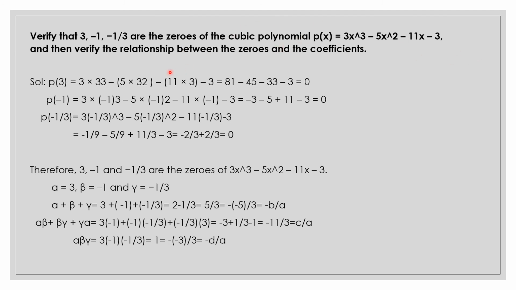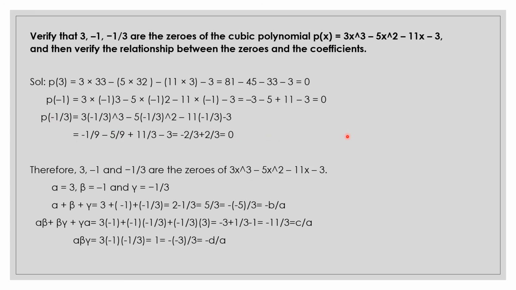We just need to substitute the given zero, that is the first zero 3, in place of x, and on substituting the resultant value should be 0. We can see that on substituting 3 as x in the cubic polynomial we get 0, and when we substitute the second zero, which is minus 1, we get 0, and on substituting our third zero, which is minus 1 by 3, we get 0.